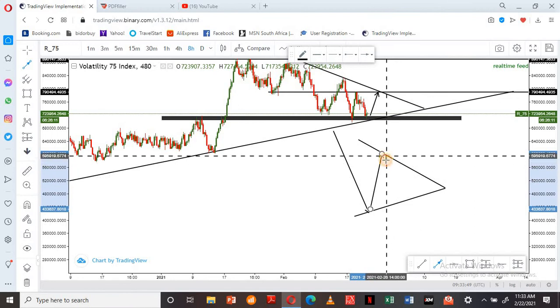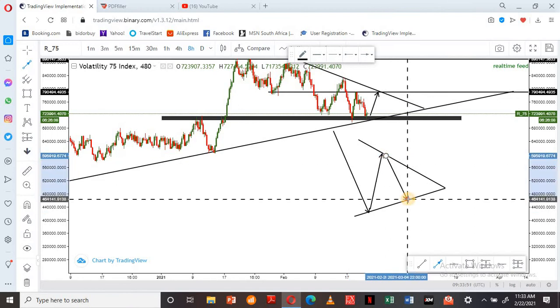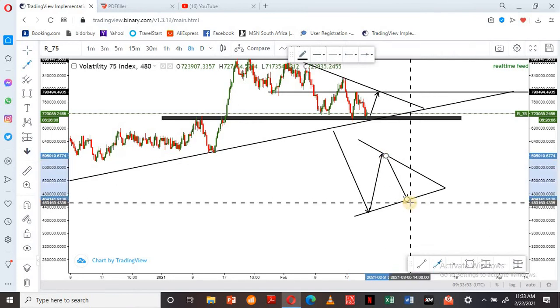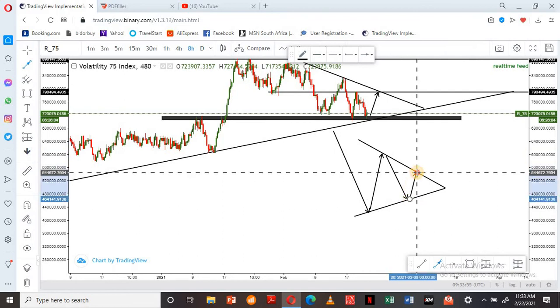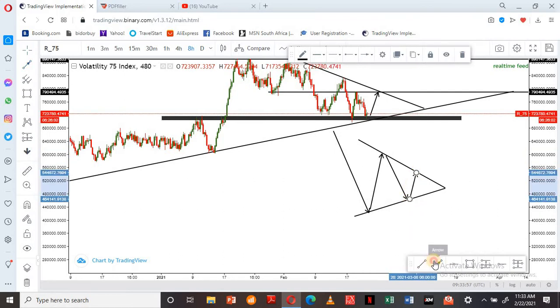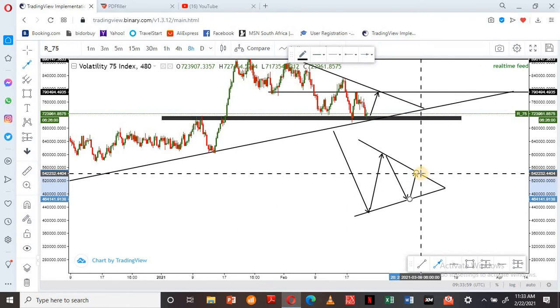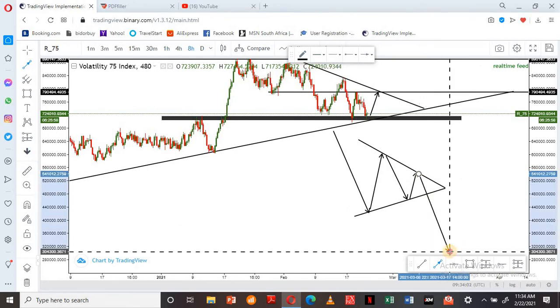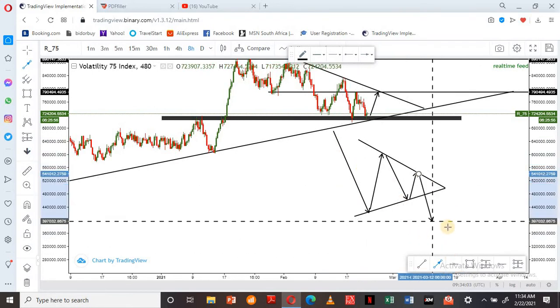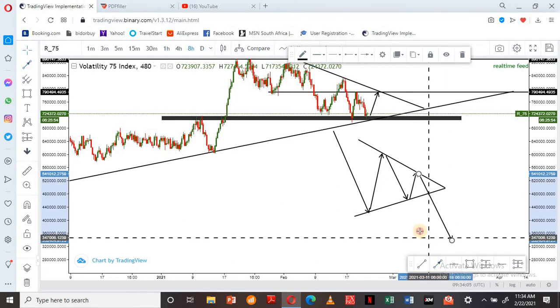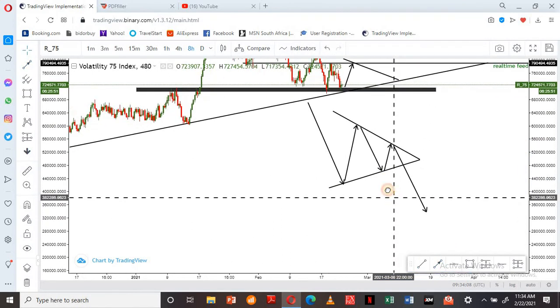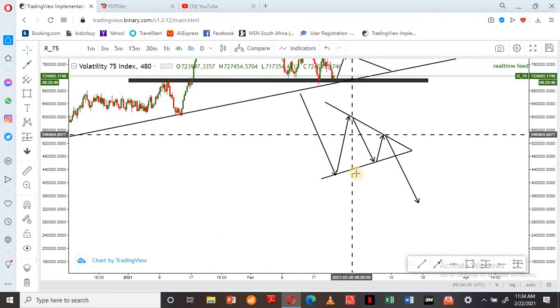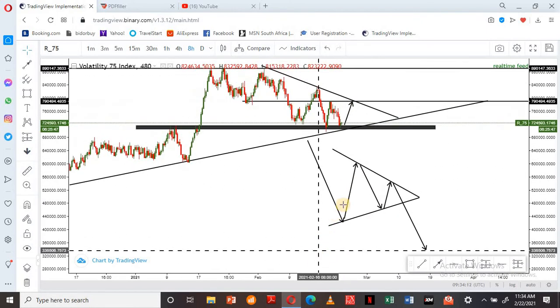You can call it a triangle. You see what I'm doing? Before actually falling again, if it comes from a downtrend, and vice versa with an uptrend. So this is what I'm talking about, a wedge. So now we have a falling wedge.